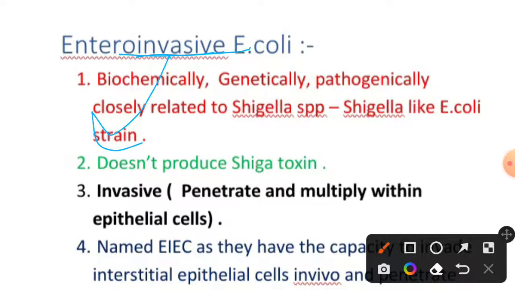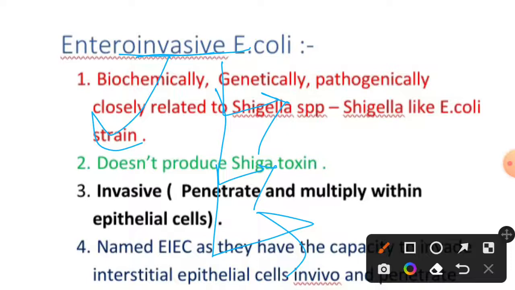They follow the same mechanism as Shigella, but they do not produce any Shiga toxin. Remember, symptoms are mild diarrhea, frank dysentery, severe inflammation and fever. Another important thing: they have a K antigen encoding gene in their plasmid.